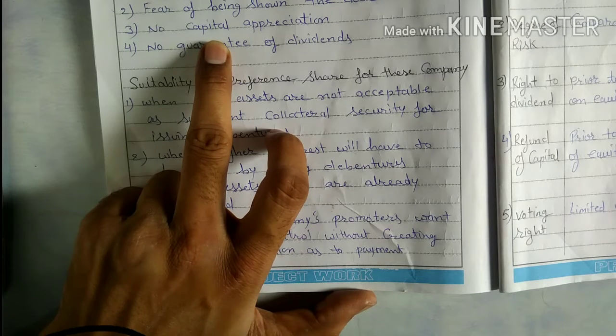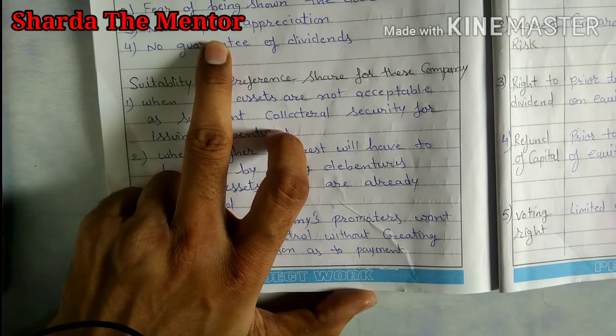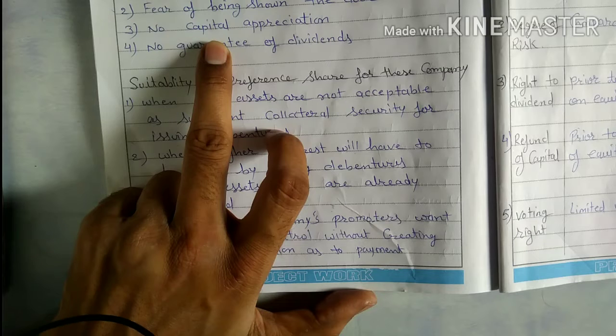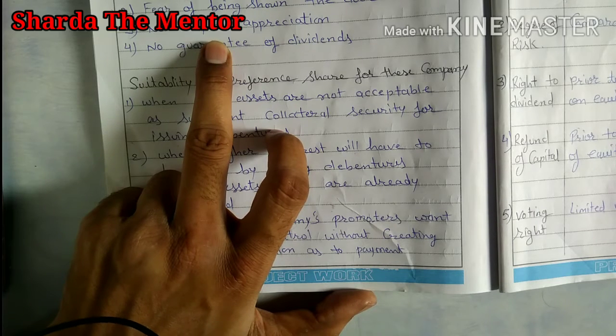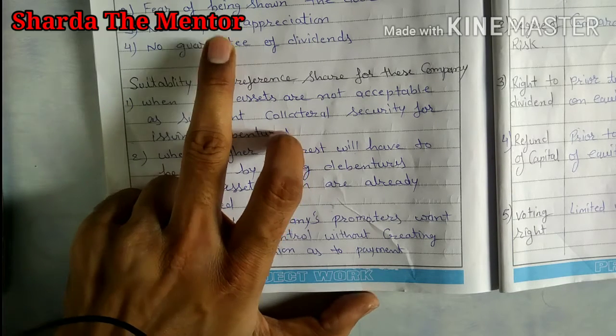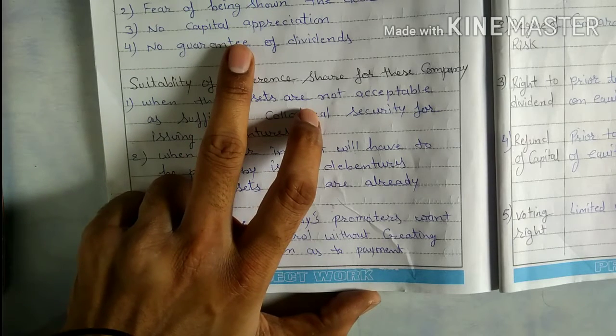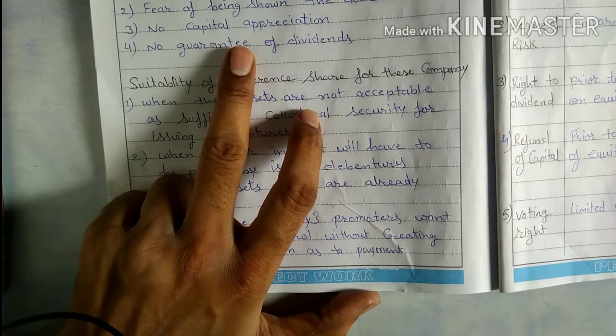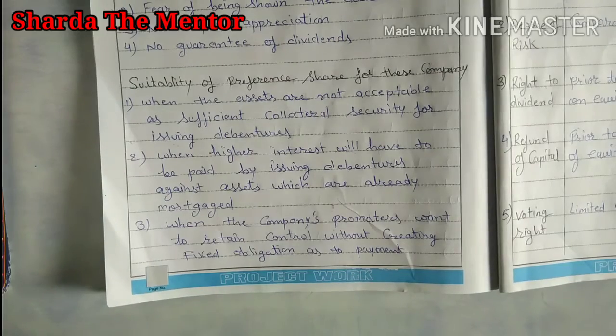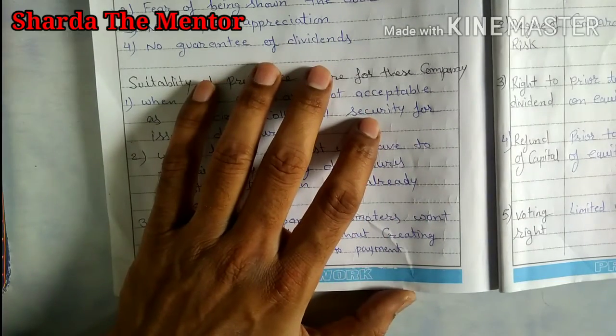But in case of preference shareholders, they have a limited, fixed rate of dividend, so they won't get capital appreciation. In a year of prosperity, whenever the company makes good profit, all the benefit will be taken by the equity shareholders. They have very little chance to get profit, except participating preference share.